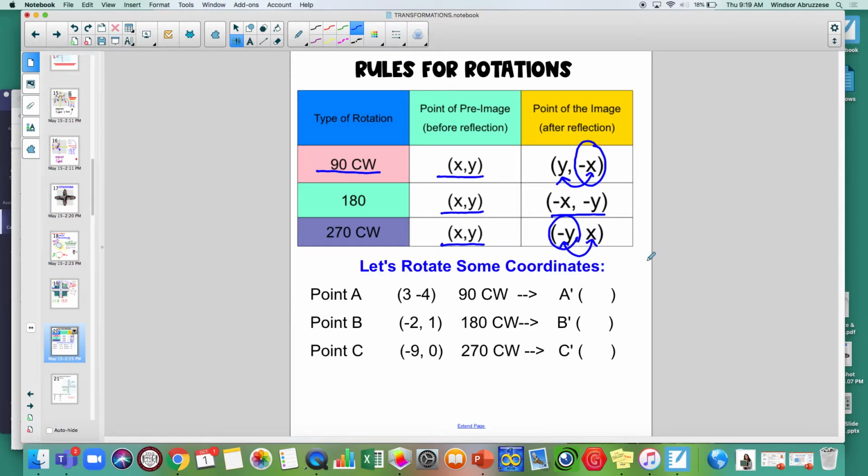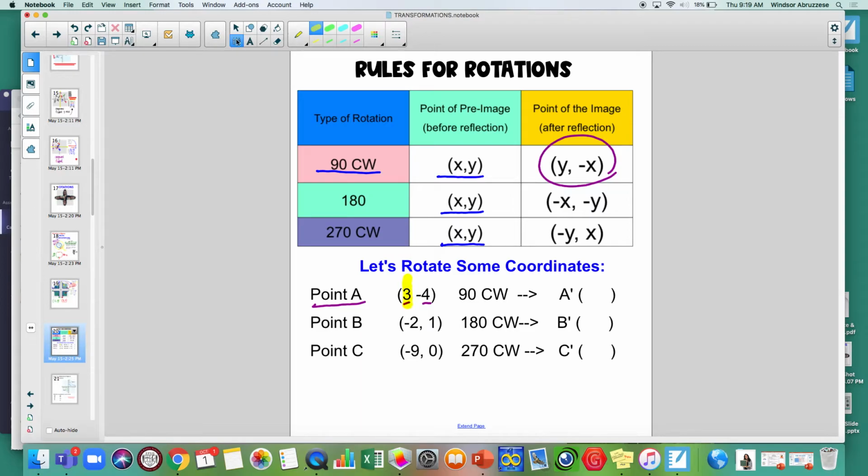Let's do an example using the chart. Let me erase all this so we can see it a little bit better. If I have point A at 3, -4, I'm going to do a 90 degrees clockwise rotation. So here's clockwise. This is the rule. I flip-flop the 3 and the -4, and I do the opposite for x.